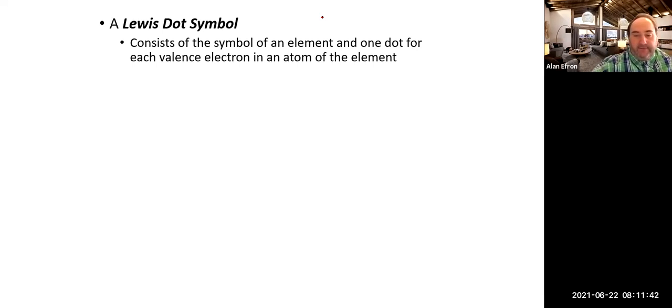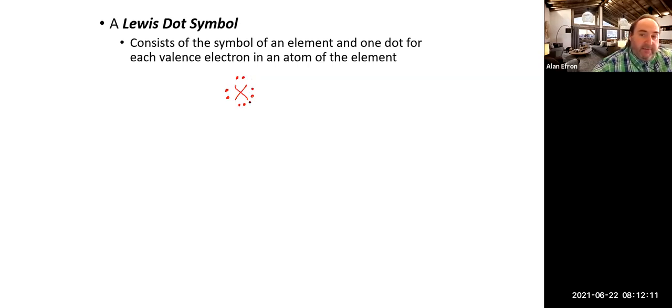So if you have your symbol, we use 1 dot. There's really no technical rule other than we do not put more than 2 dots per side. So if you just think about it, go around 1, 2, 3, 4, 5, 6, 7, and 8. So you could put 8 dots around it, as you may be familiar with.